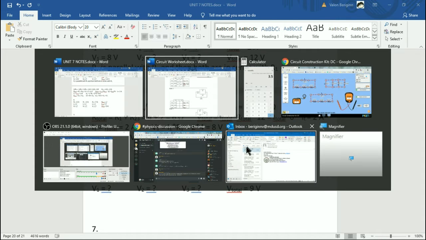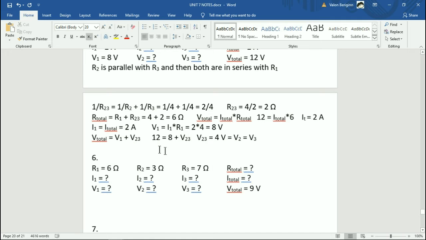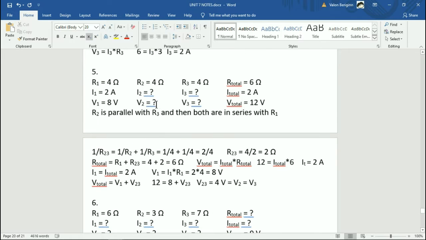Think about it: if you gain 12 volts going across the battery, you then lose 8, so you must lose the other 4. You can go through either 2 or 3, but you have to go through one of them. You're not going to do a weird loop and go through both. So you must lose 4 regardless of which one you go across. So this one is 4 volts, and this one is 4 volts.